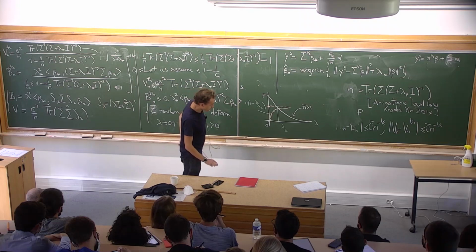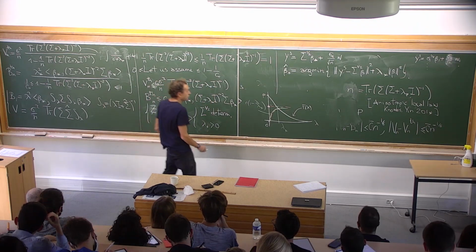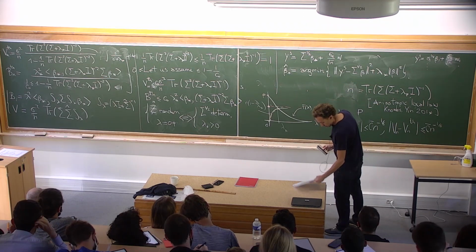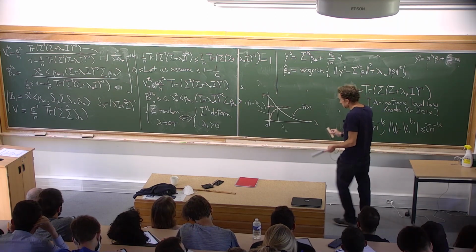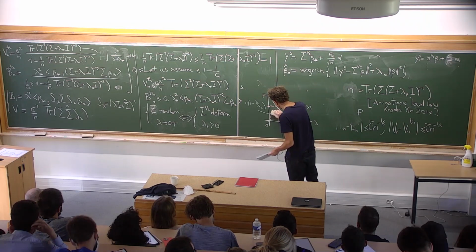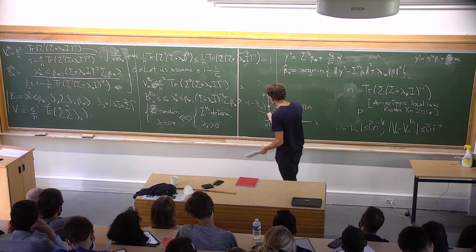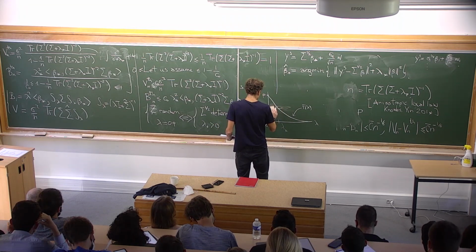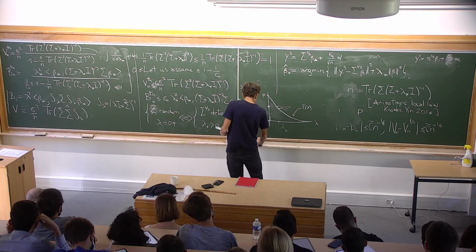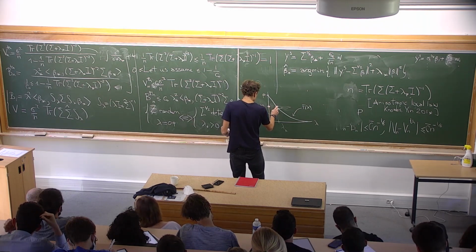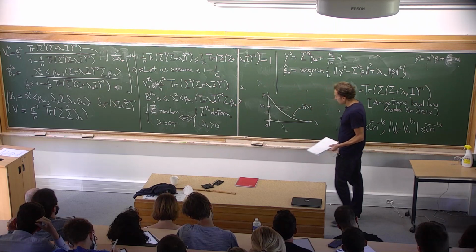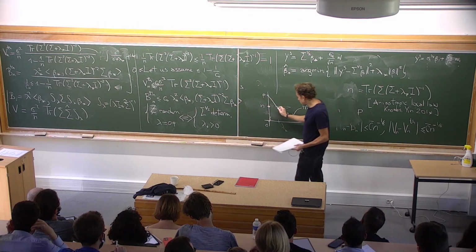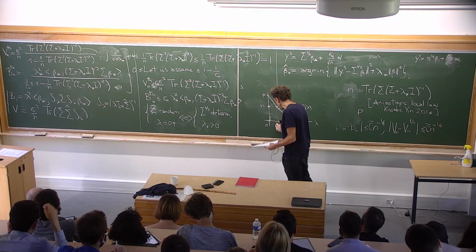Now, of course, I want to understand what is the behavior of lambda star. From this picture, you would imagine that as n gets larger, lambda star becomes smaller.